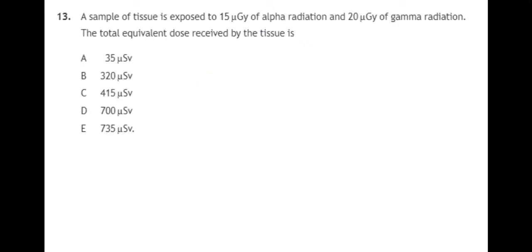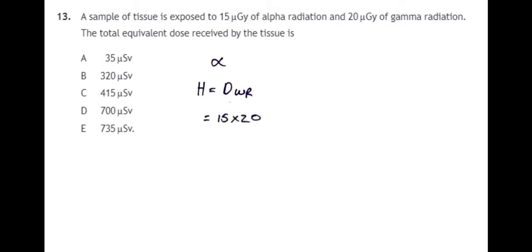Number 13. A sample of tissue is exposed to 15 micrograys of alpha radiation and 20 micrograys of gamma radiation. The total equivalent dose received by the tissue is... So, we'll consider the alpha first. We want to find equivalent dose, which is H equals d Wr, so absorbed dose multiplied by the radiation weighting factor.